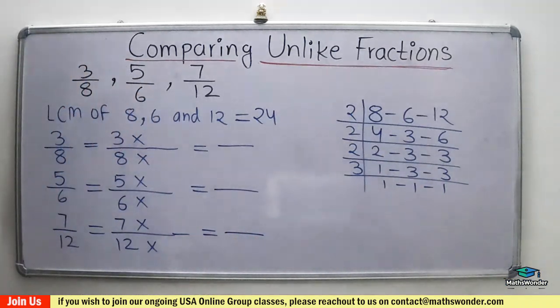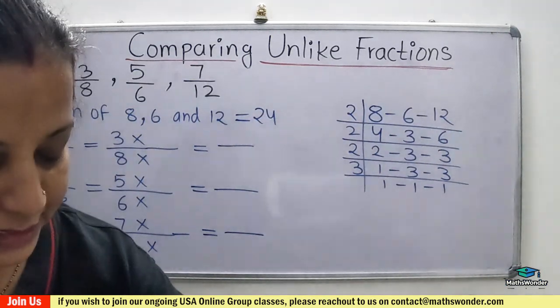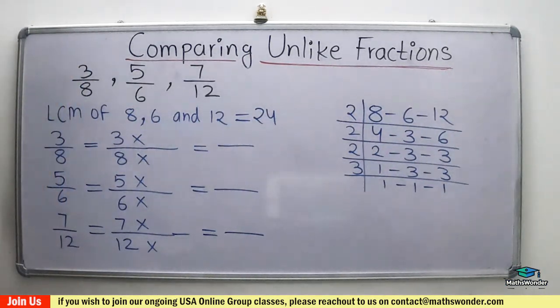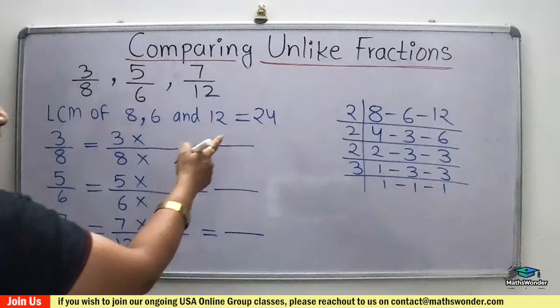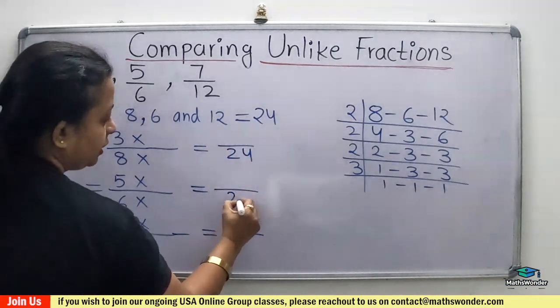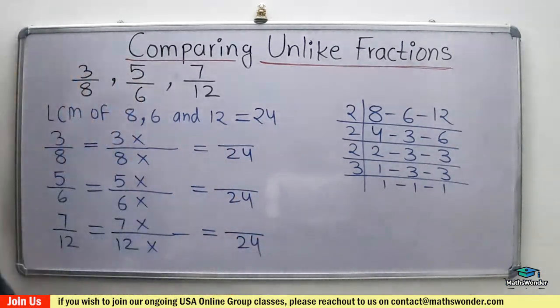Now, because they are unlike fractions, we need to make the denominators the same with the help of the LCM. So what will you do? Multiply the numerator and denominator of each fraction by the same suitable number so that the denominator of each fraction becomes equal to the LCM. So our LCM is 24, so you will write all the denominators as 24. Now, look at the board.